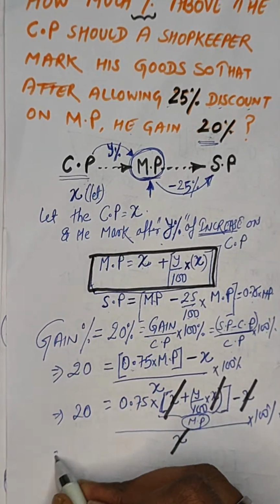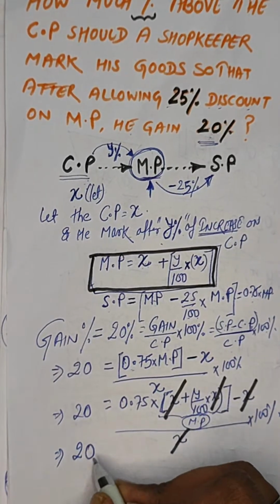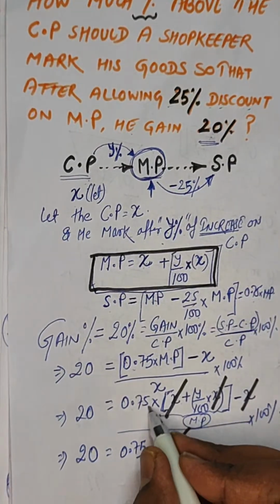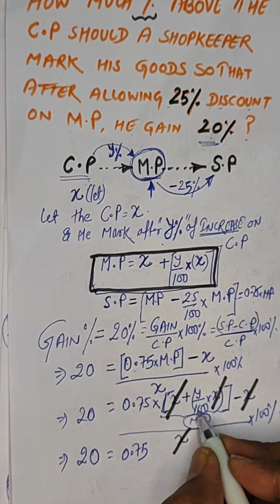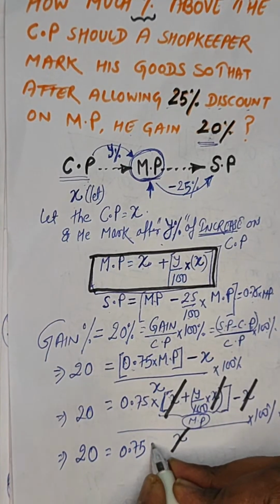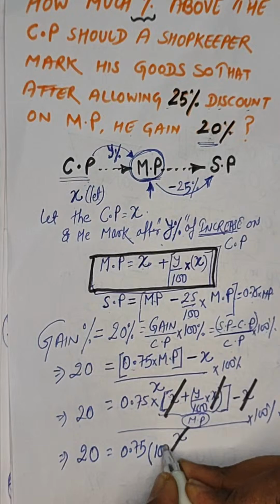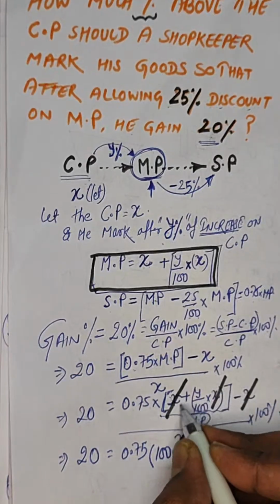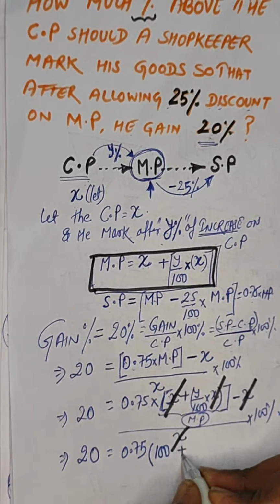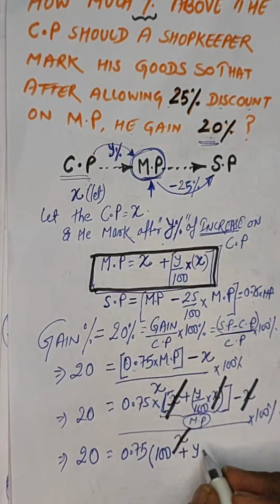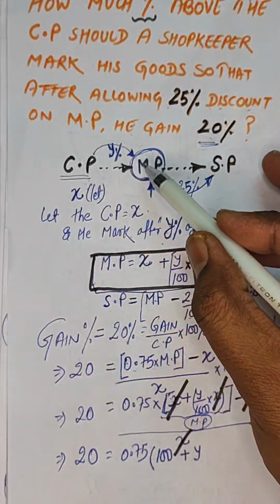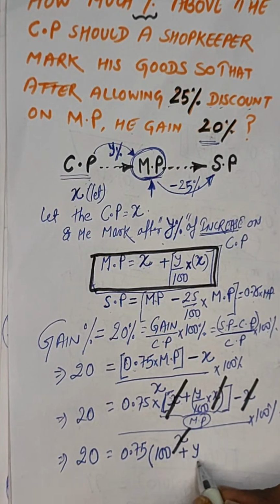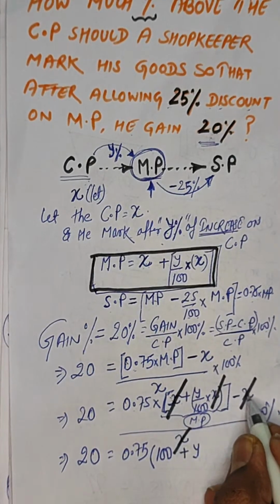And in the next step, 20 is equal to 0.75 into, take the LCM. After cancelling X, it was 1 into 100, becomes 100 plus y, where y is the percentage increase on the cost price, right? 100 plus y divided by 100, minus 1.